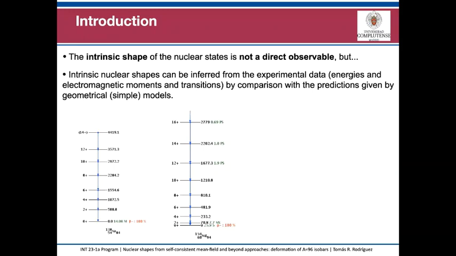Then in this case, as George mentioned yesterday, it is in between the rigid and the completely superfluid irrotational flow. You can see that the moment of inertia increases, and also from here you can extract that the moment of inertia is not constant along the band. In the case of uranium, for example, it is very constant, but the extracted moment of inertia is always a little bit smaller than the intrinsic moment of inertia, right? Yeah, it's still a little bit smaller.